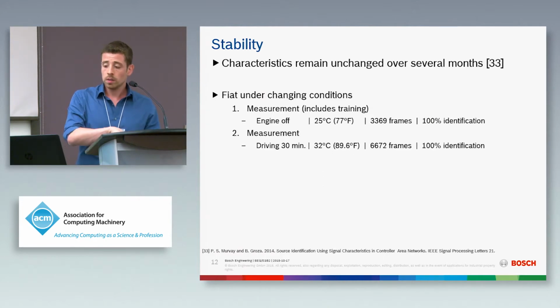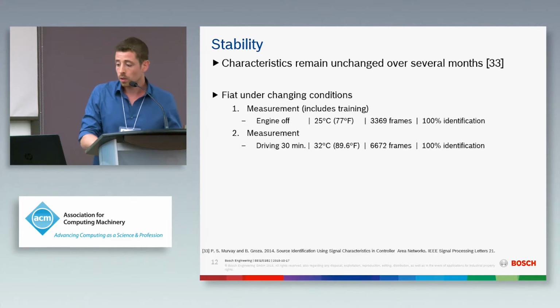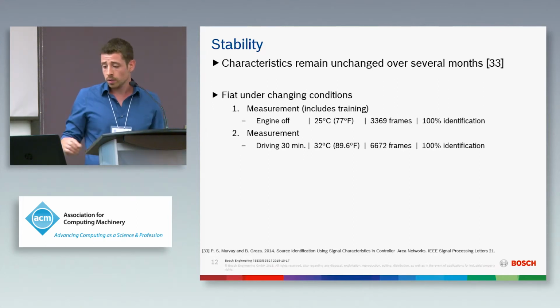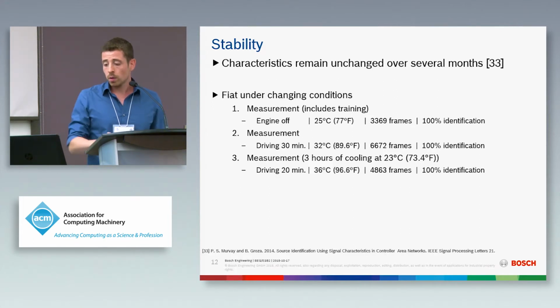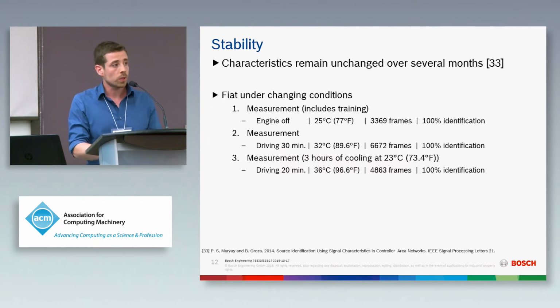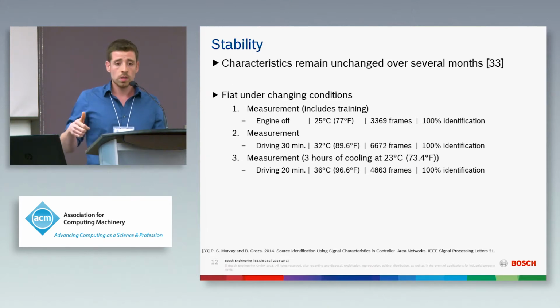These could also be classified with 100% identification. The third measurement was done after the car was parked for 3 hours in an underground garage to cool it down. Then we drove another 20 minutes, and this also includes the start of the car.